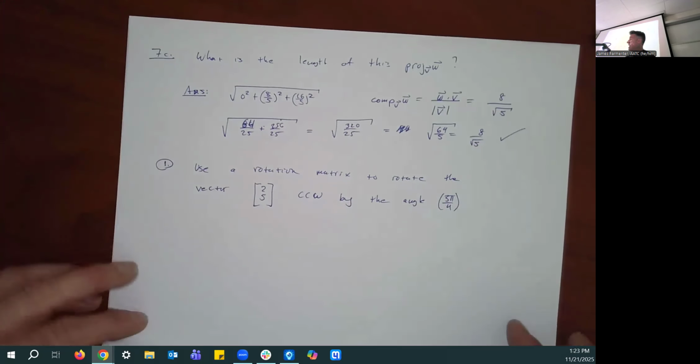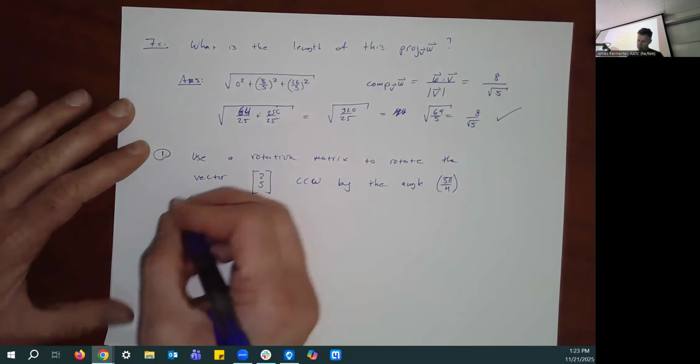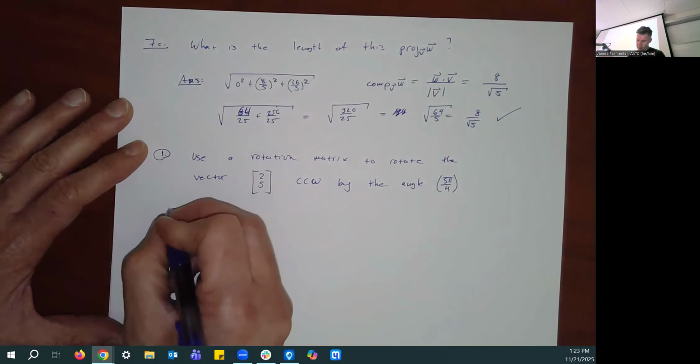And I'll be honest, I never remember what this matrix is exactly. I'm pretty sure I have a good idea of what it is. Do I? Not really, actually.